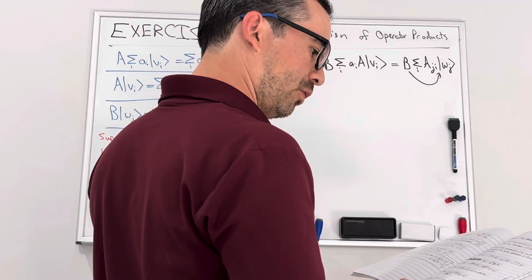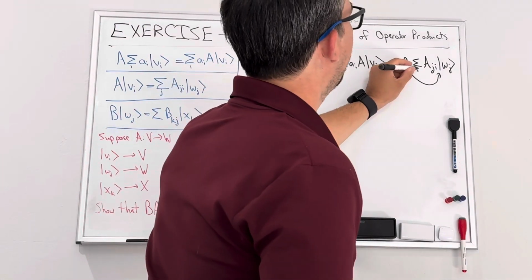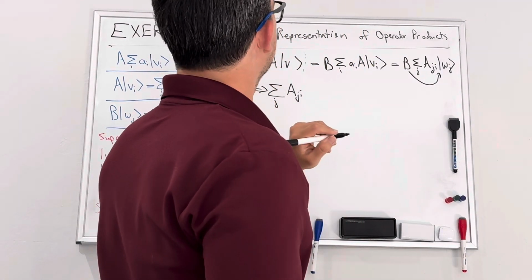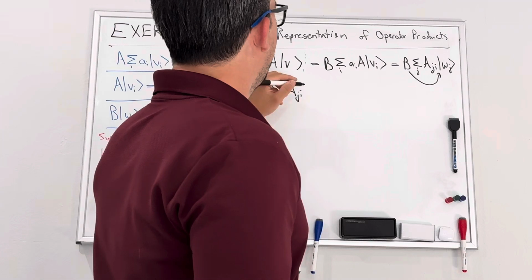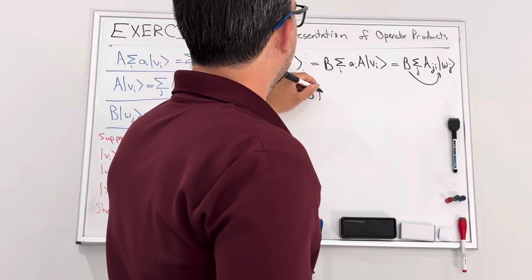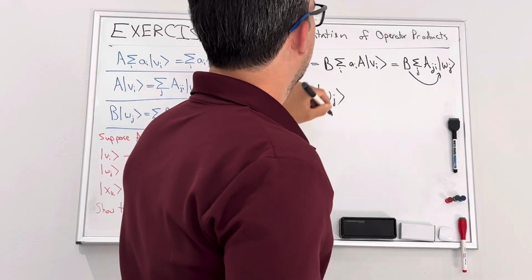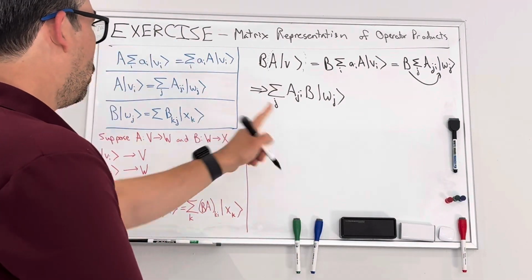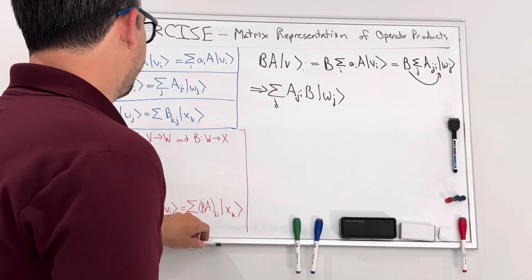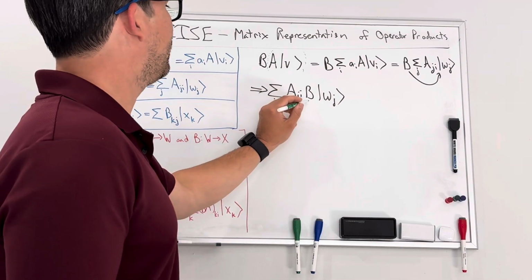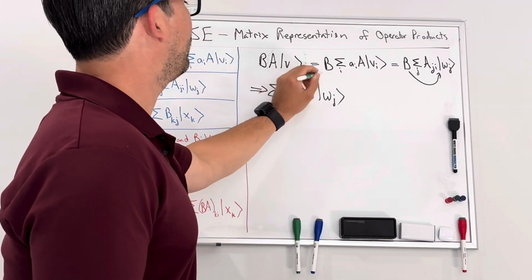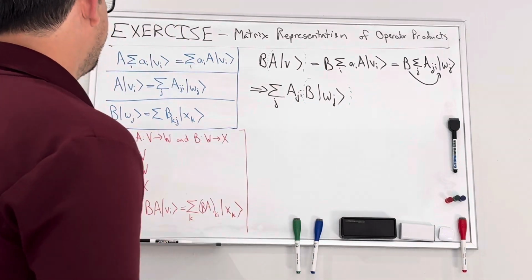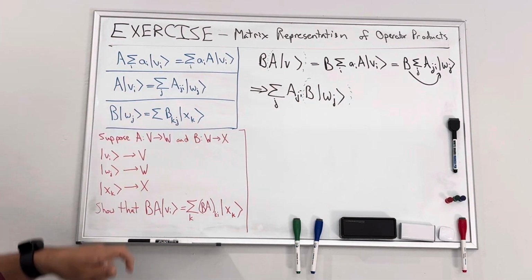I believe this is a sum over J. Yeah, this is a sum over J here. And then we apply this B operator to some basis vector W_J. Well, once more, let me put some suggested parentheses just around this part right here, B operating on W_J.